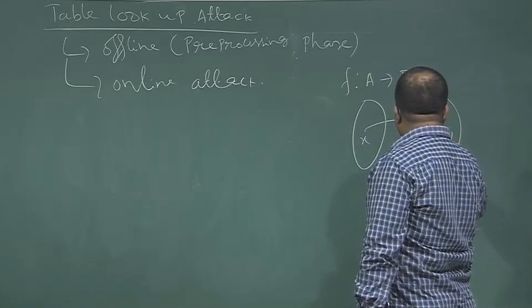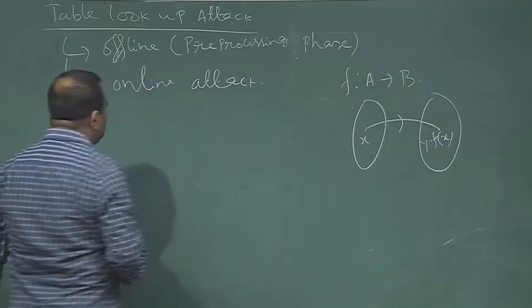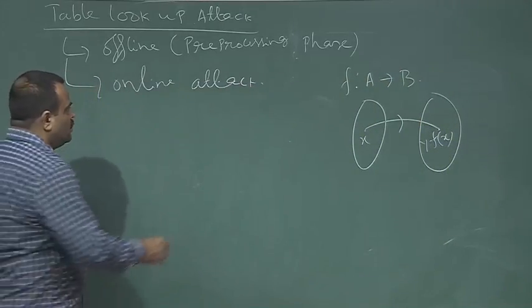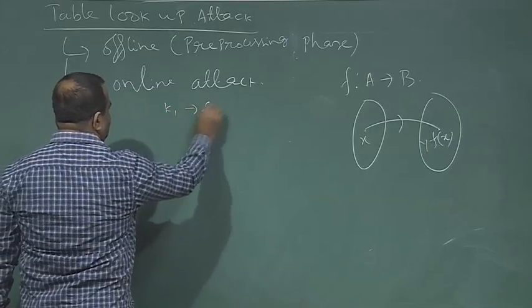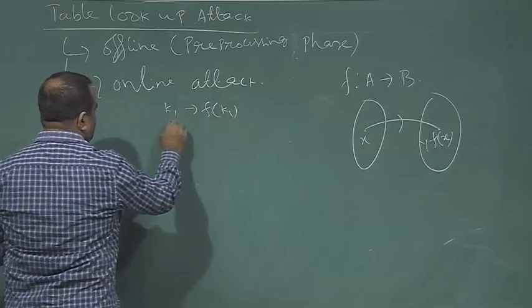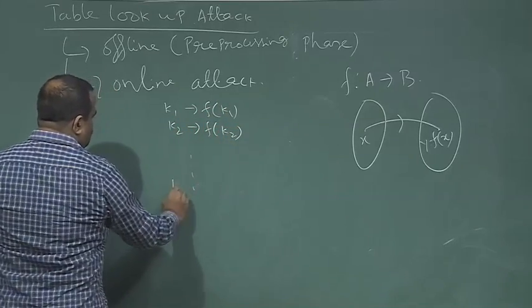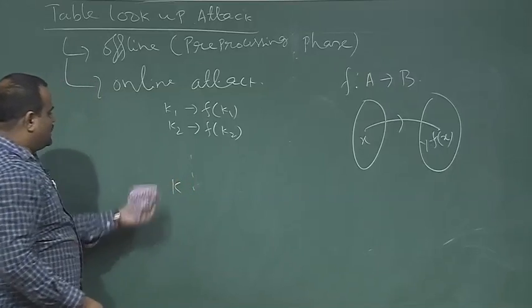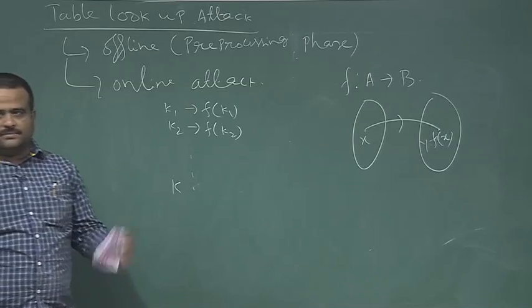The question is, given a y, we need to get back x. That is the challenge. So, we make a table. We choose all possible keys k1, k2, up to kN, and compute f of k1, f of k2, up to f of kN, where capital N is the size of the key space.